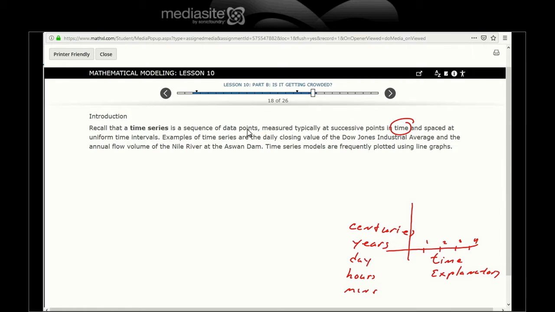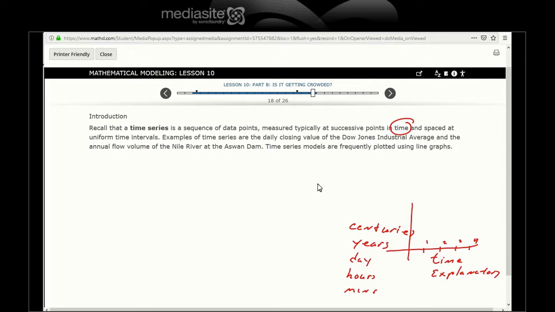But being a time series, 1 to 2 is from 1 something to 2 something: either 1 minute to 2 minutes, 1 hour to 2 hours, 1 year to 2 years, 1 millennium to another millennium. Examples of time series are daily closing values of the Dow Jones Industrial Average and the annual flow volume in the Nile River.